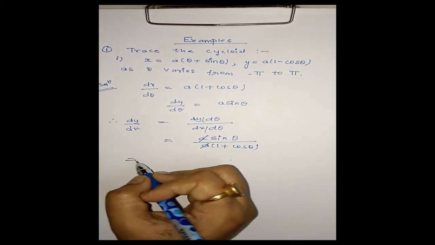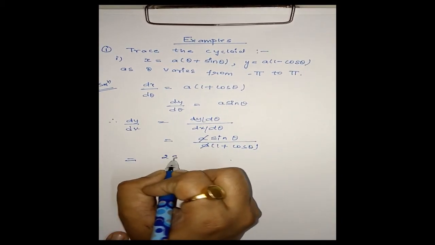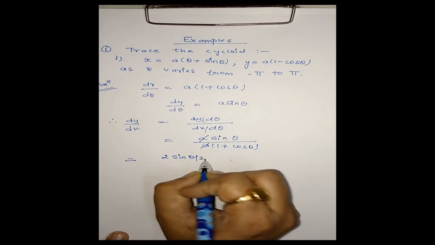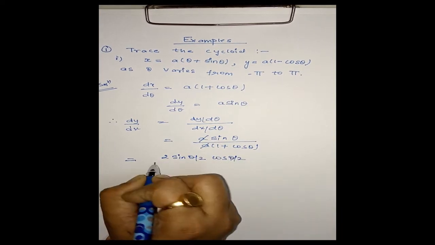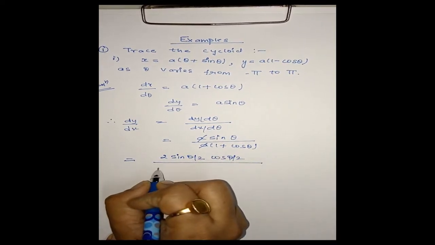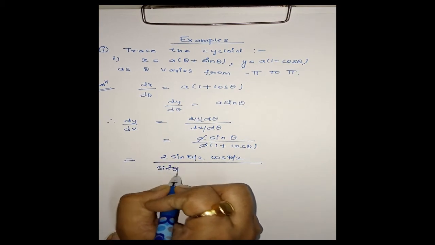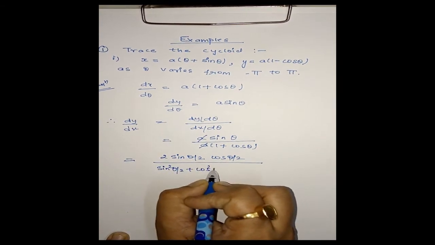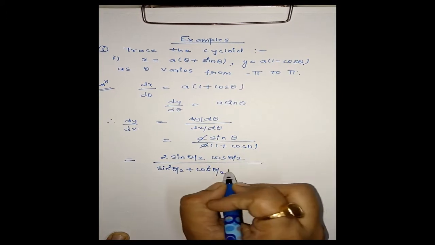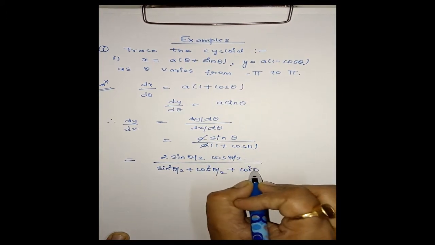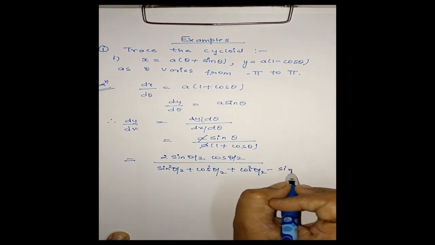Now we know sin theta is equal to 2 sin(theta/2) cos(theta/2), and here 1 can be written as sin^2(theta/2) + cos^2(theta/2), and cos theta is written as cos^2(theta/2) - sin^2(theta/2).